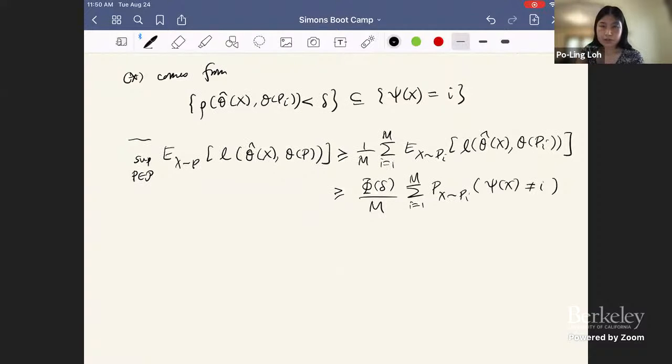Okay, so we have this lower bound on the risk. And now here's where we use Fano's inequality from information theory. So recall Fano's inequality.